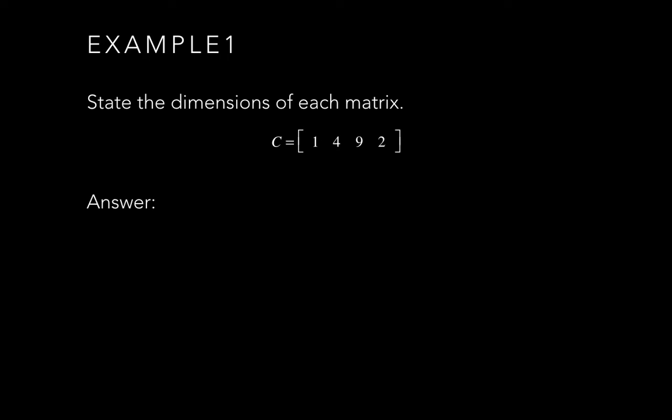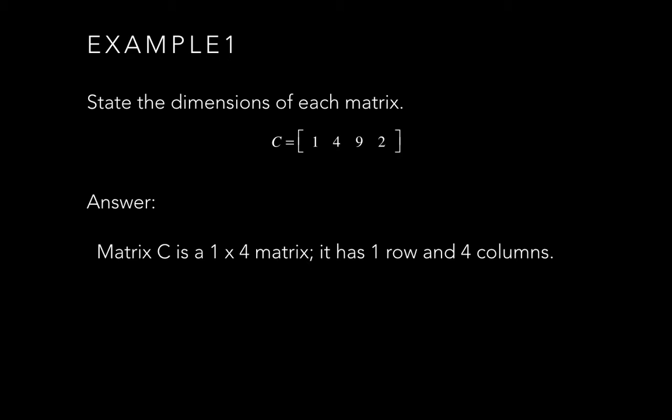How many columns are there? How many vertical orientations of numbers? Well, there are 4. The first column has number 1, the second column has 4, the third column has 9, and the fourth column has 2. So this is a 1 by 4 matrix, and you would give those dimensions: matrix C is a 1 by 4. You put that in the subscript.